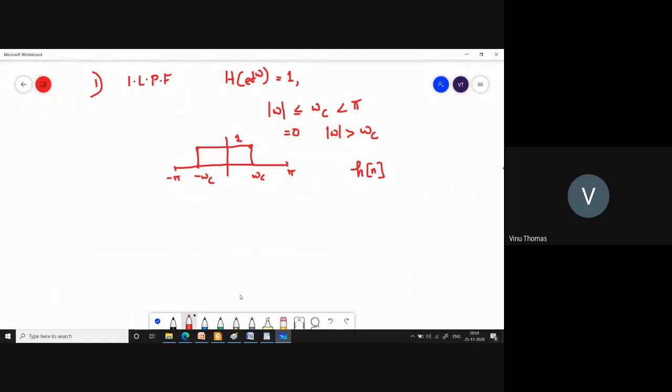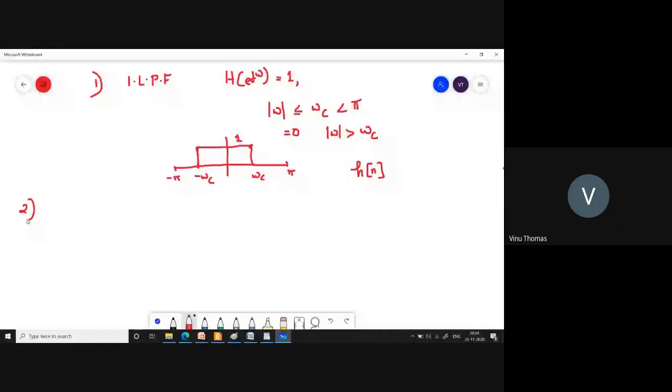This is something that we did in the previous semester when I taught signals and systems. The second thing you need to work out is to find the impulse response of the ideal high pass filter. This is your ideal high pass filter.